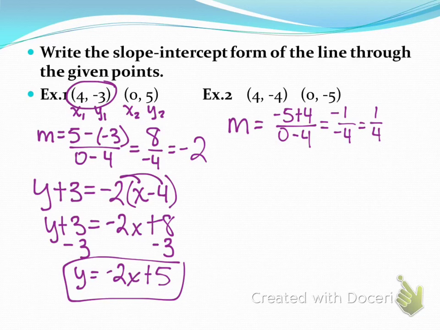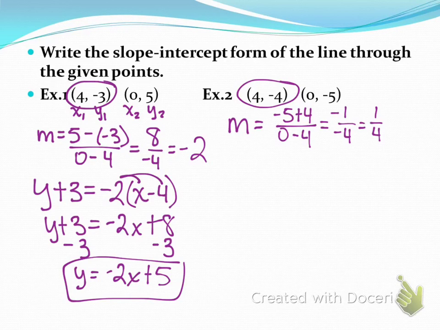Next, we have to put it into point slope form using one of the 2 points. Which point do we want to work with? Okay. We'll work with the first point. Any new volunteers to tell me what my point slope form would be? Jalen, why don't you help us out with our point slope form?